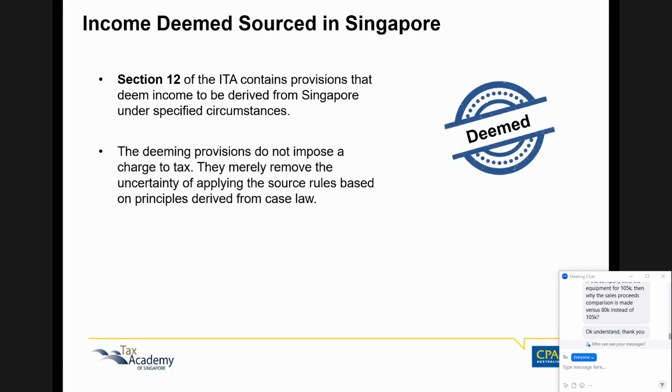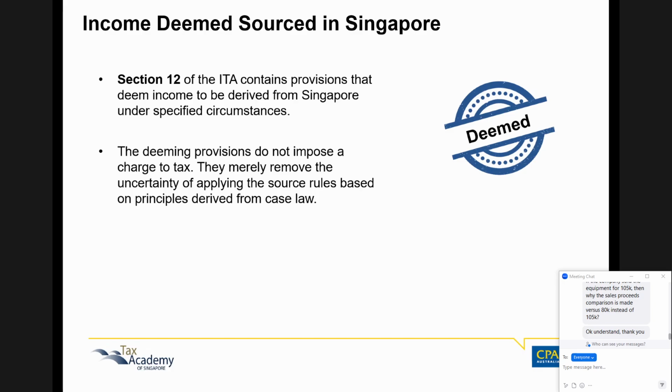For income deemed sourced in Singapore, it's under section 12. Under certain circumstances, they may be deemed sourced in Singapore. So some examples: for individuals performing work overseas on behalf of the Singapore government, although they work overseas, it's on behalf of the government.